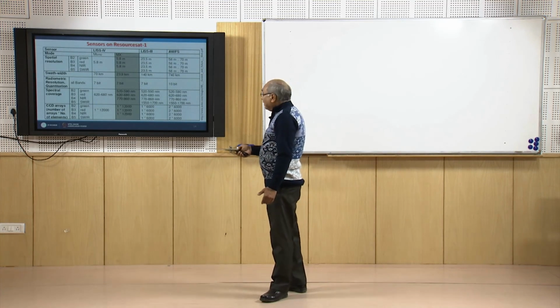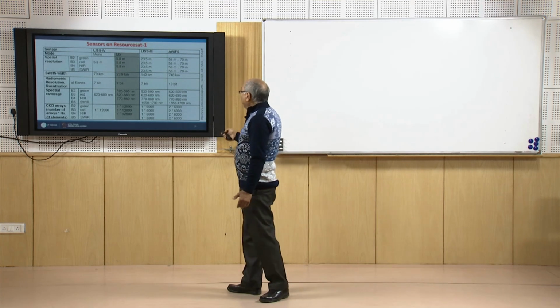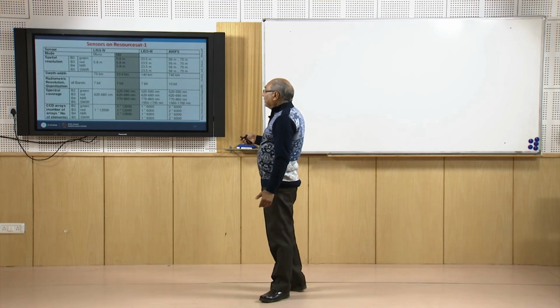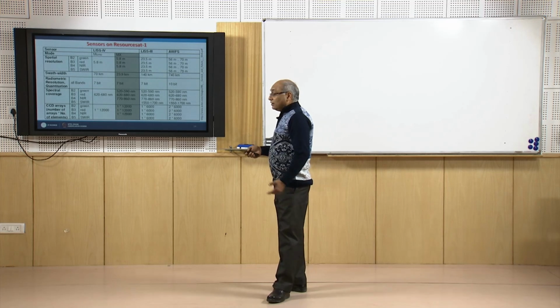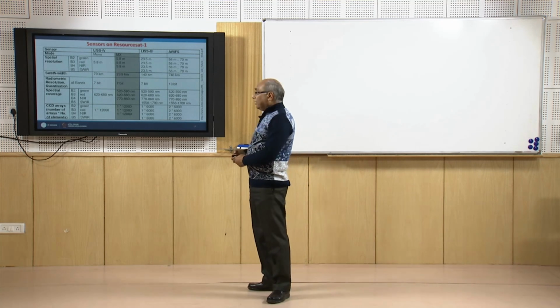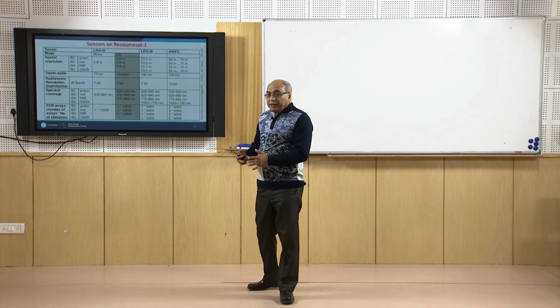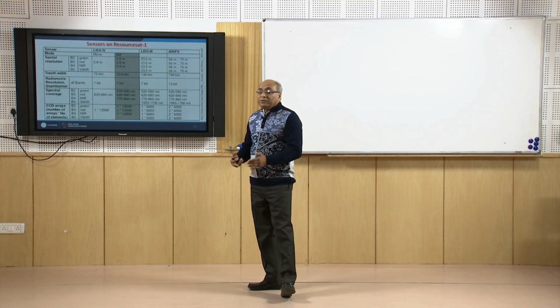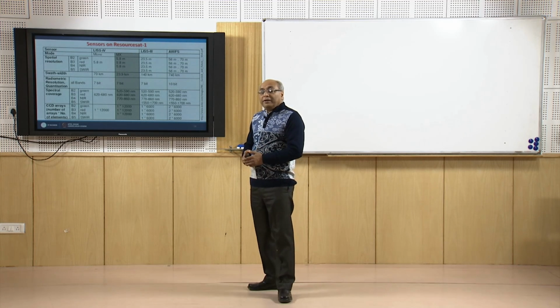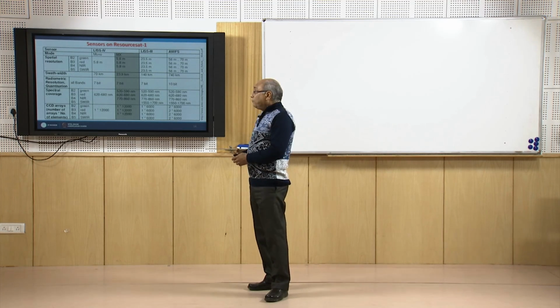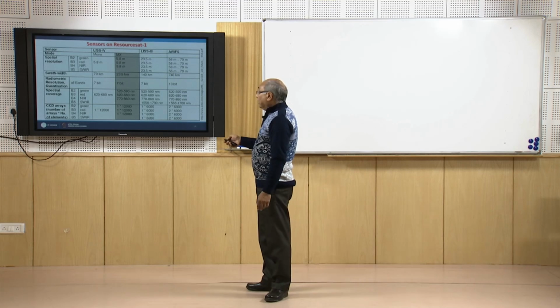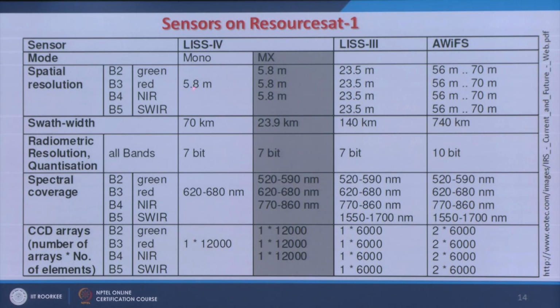Now if we compare Landsat 3 and 4 and AVHRR, what we find is that LISS 4 was panchromatic, and it provided data at 5.8 meter resolution. At that time that was one of the best data available from an Indian remote sensing satellite, at 5.8 meter resolution in the panchromatic band.